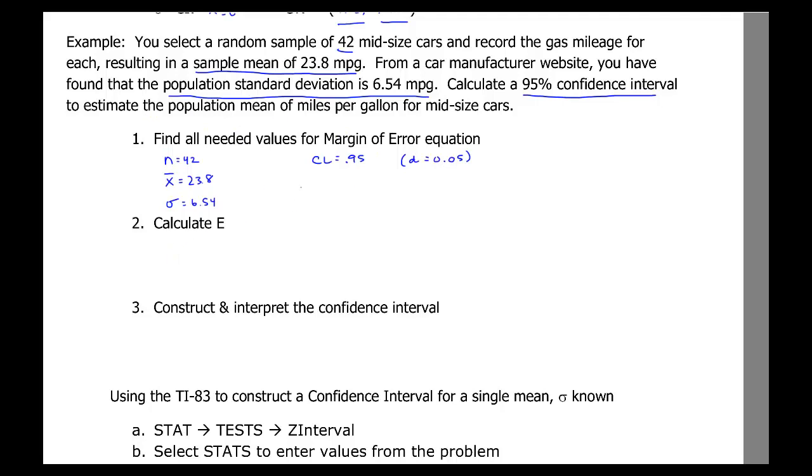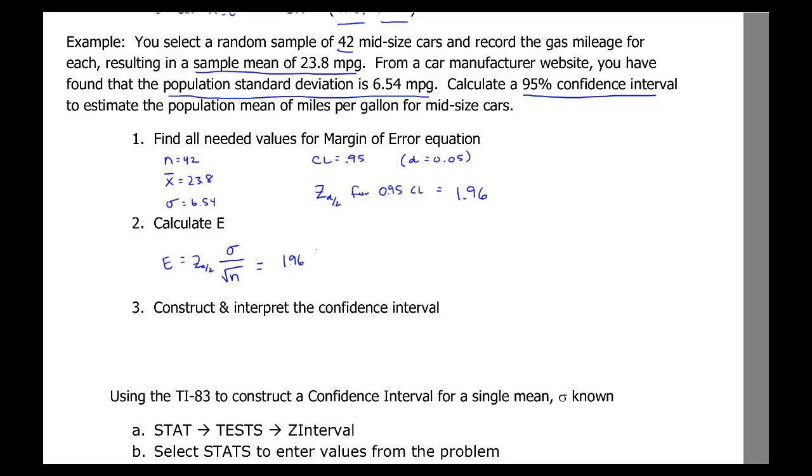So that's all the numbers we need for E, except we need to figure out the critical value for Z. We have a table that we can look that up on, so I'm just going to write the value here. It'll be 1.96 for a 95% confidence interval. The equation for E is the critical value of Z times the standard error, which is the population standard deviation divided by the square root of n.